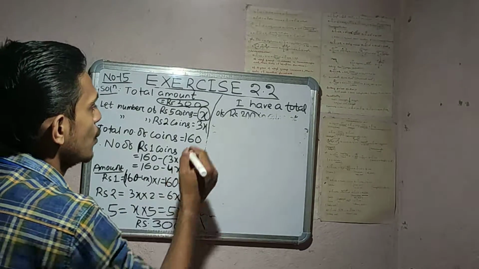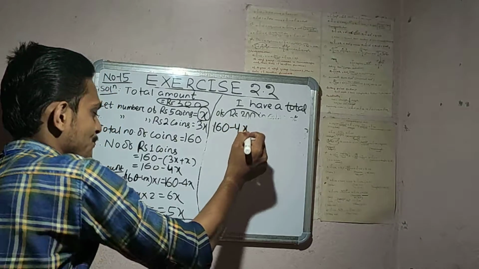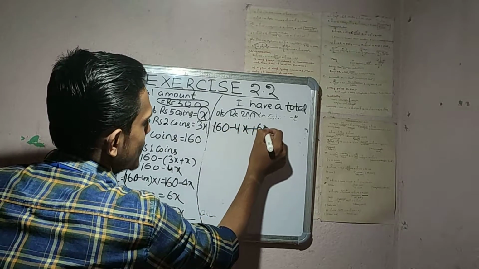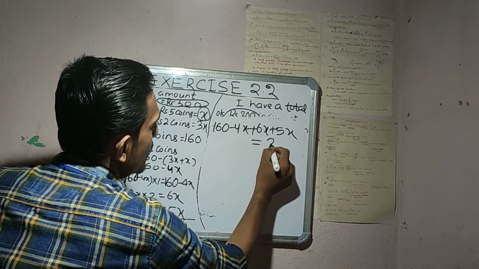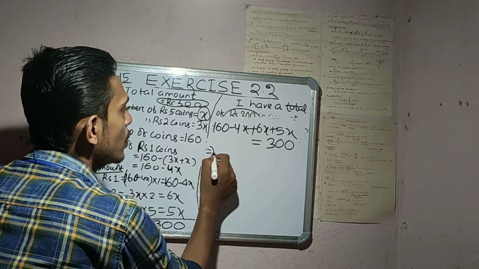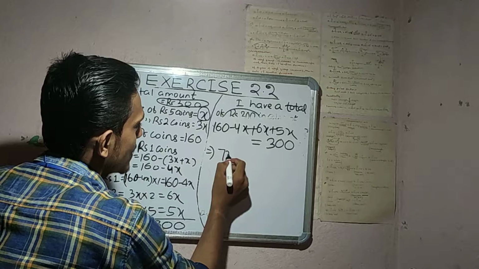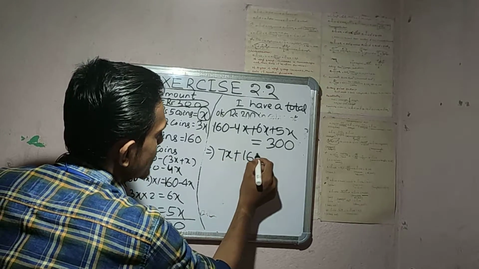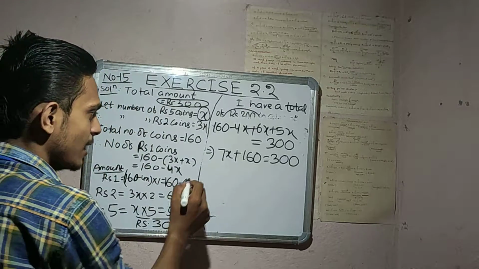We have 160 minus 4x plus 6x plus 5x equal to 300. This is given, the total amount is 300. So 6x plus 5x minus 4x is 7x, plus 160 is equal to 300.